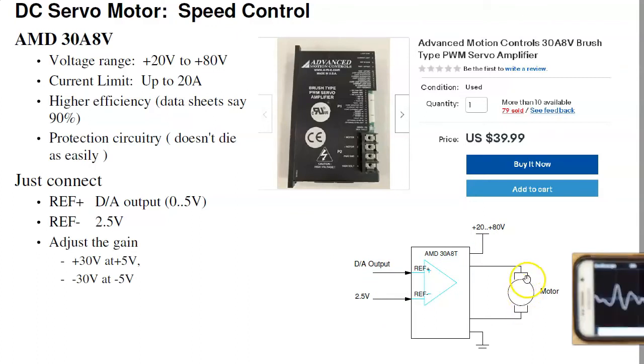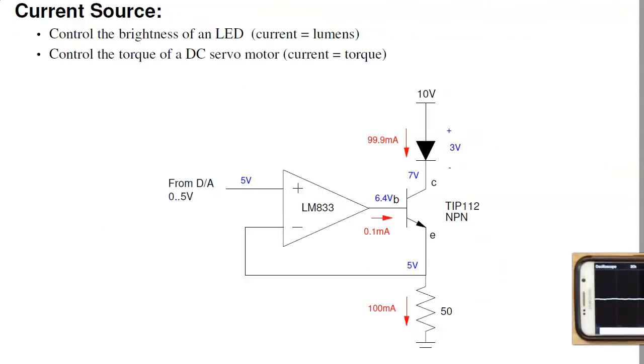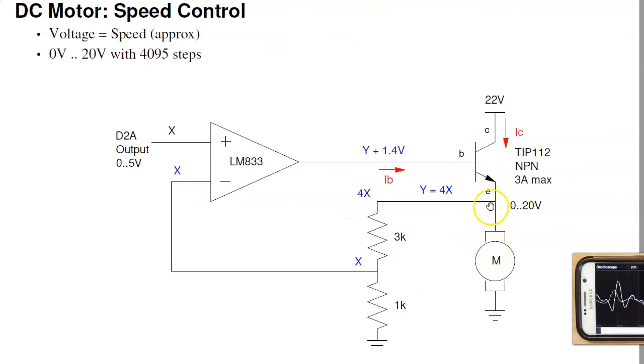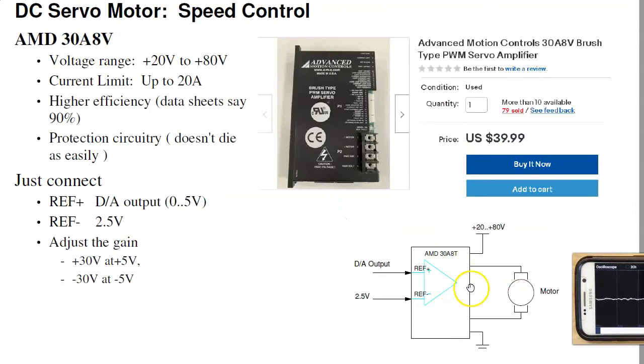Plus 30 volts makes it spin forward, full speed. And the 30A8 can output up to 20 amps. So this is really just an op amp like the previous one, except it's capable of 30 amps, plus it'll do plus and minus. This circuit right here can only make the motor go forward. If I want to go forward and reverse, use this circuit, and I now have speed control, forward and reverse direction, 4095 different levels of speed, going between minus 30 volts and plus 30 volts.